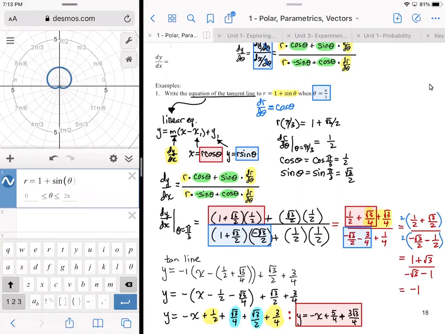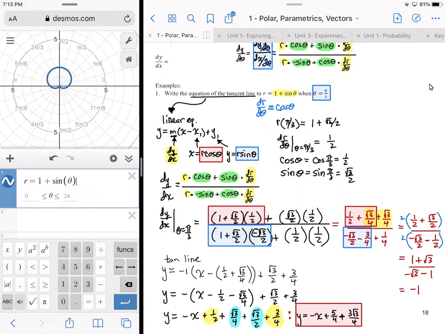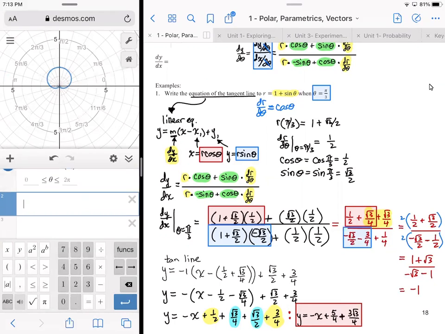All right, so we got a limacon here. So honestly, I don't know if it's gonna handle it. We'll see.